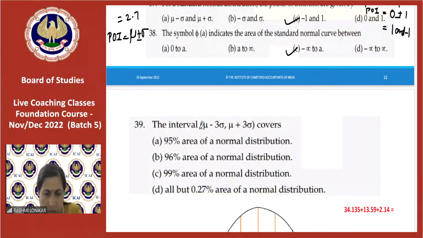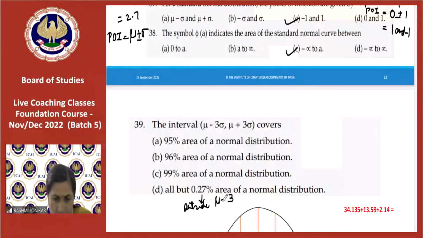The interval mu minus 3 sigma and mu plus 3 sigma covers what? When is 95% area covered? 96, 99. What about this? This is the area outside mu plus or minus 3 sigma.